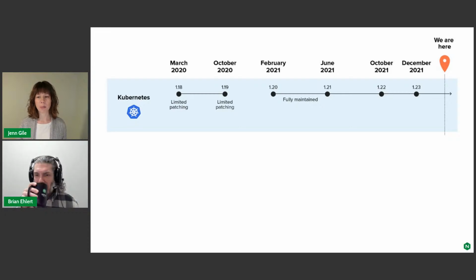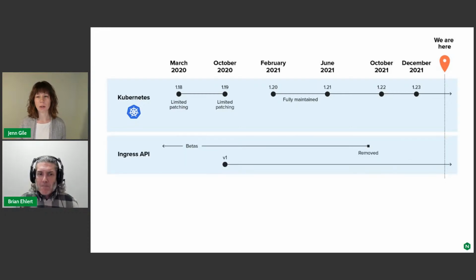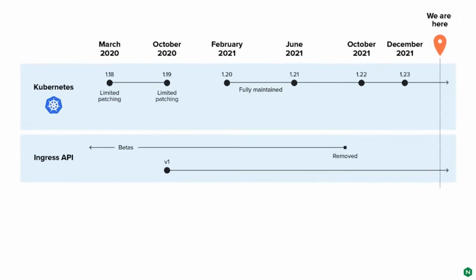So let's move now to the second row. This is one that in particular, I won't say it became a problem necessarily for people late last year, but it definitely spawned a lot of blogs and commentary on social media: the change for the Ingress API moving from the betas to V1.